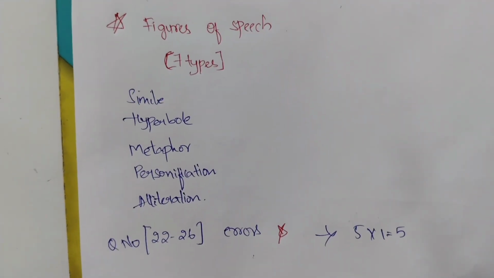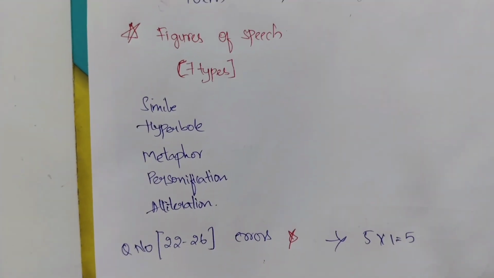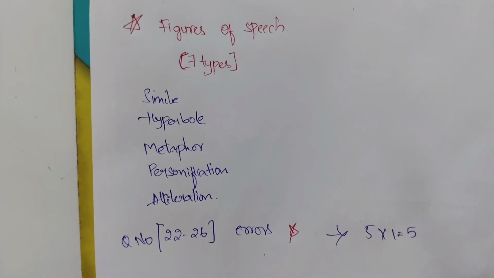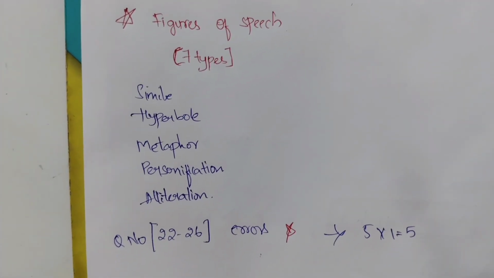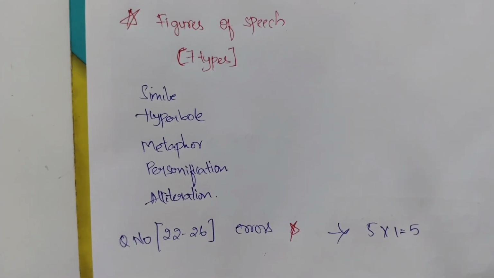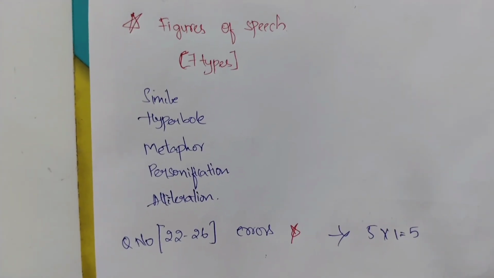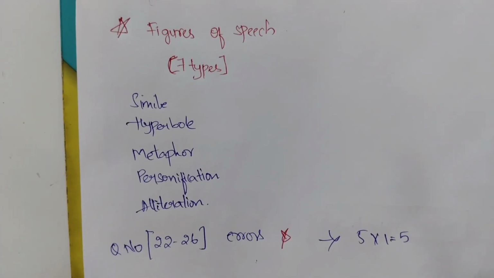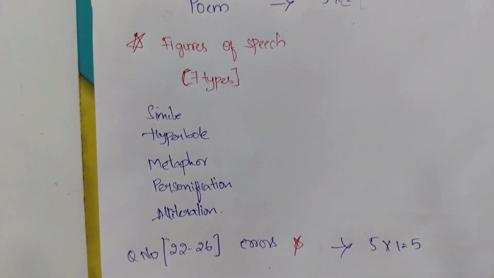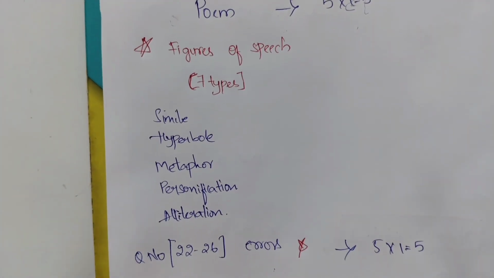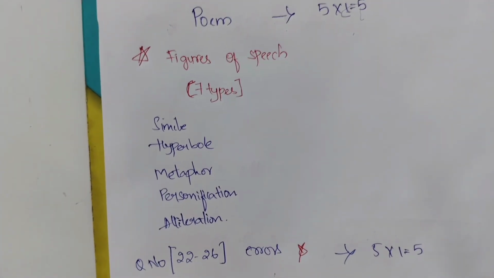So I request you to please go through the lessons and understand the summary of the lesson, and then attempt those passage answers. Then only you will get 12 marks for attempting all the 5 questions. And also, when it comes to creative writing, sometimes he may give a diary entry, sometimes a conversation, sometimes an interview.